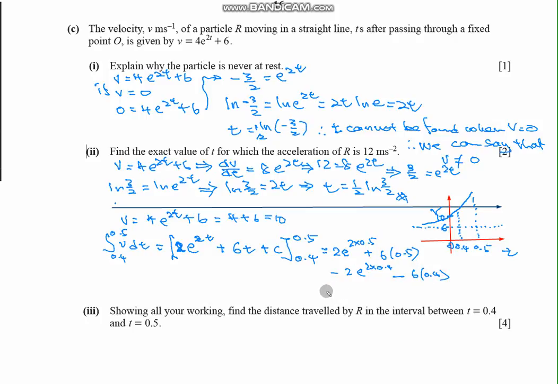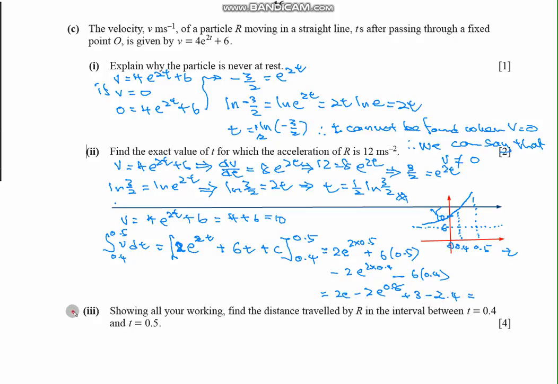Okay, you work it out, you will get this actually 2e to the power of 1, minus 2e to the power of 0.8, then you got this 3 minus 2.4. By working out using a calculator, you will get the answer that's required.